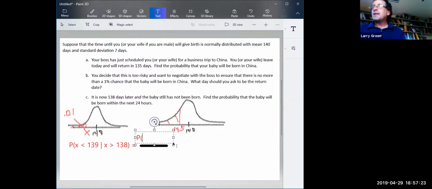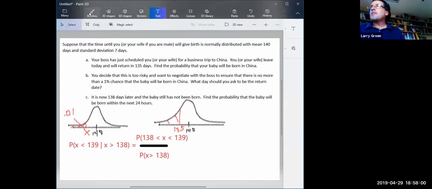So probability that x is between 138 and 139 divided by the probability that x is greater than 138. Do you remember that little formula?